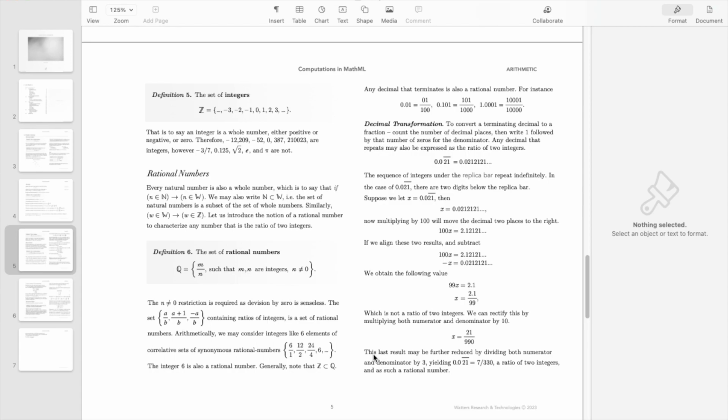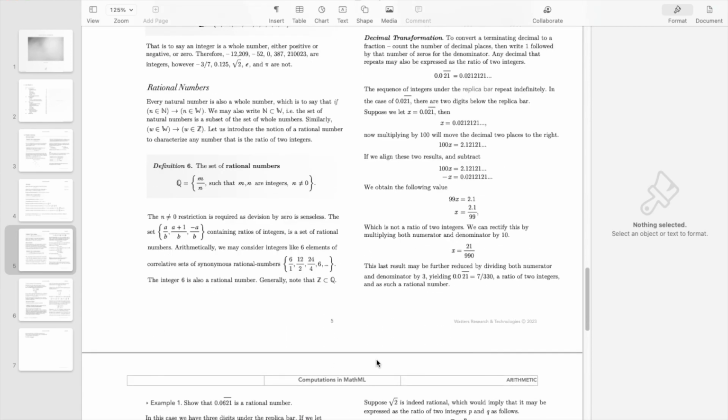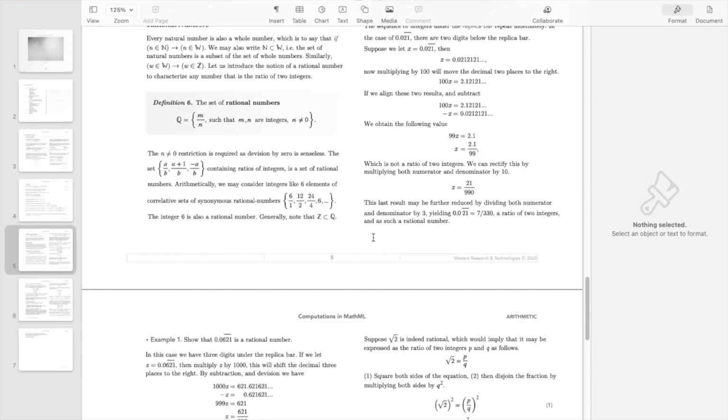Right, so this last result may be further reduced by dividing both the numerator and the denominator by 3. That should be fairly intuitive; it's the smallest number that we can think of that divides both numerator and denominator. So 21 divided by 3 is 7, and 990 divided by 3 equals 330.